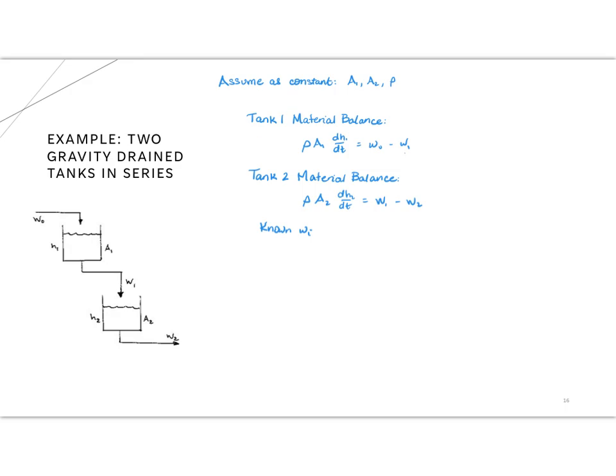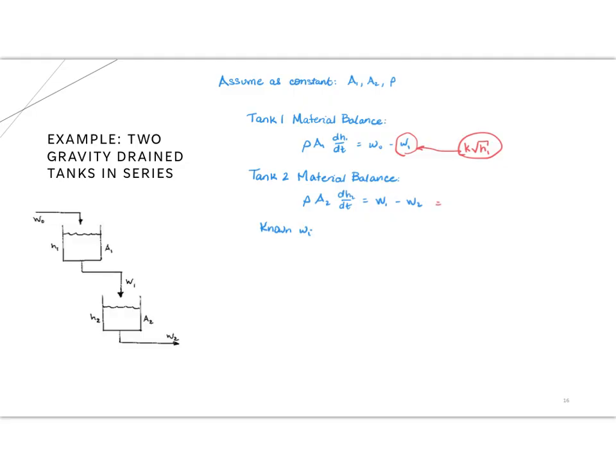So perhaps W1 is going to be related to the height in tank one. When there's a lot of hydrostatic pressure, that flow will go fast. When there's very little, it will go slow, and it's probably not linear. And it's likely something such as this to replace this here.